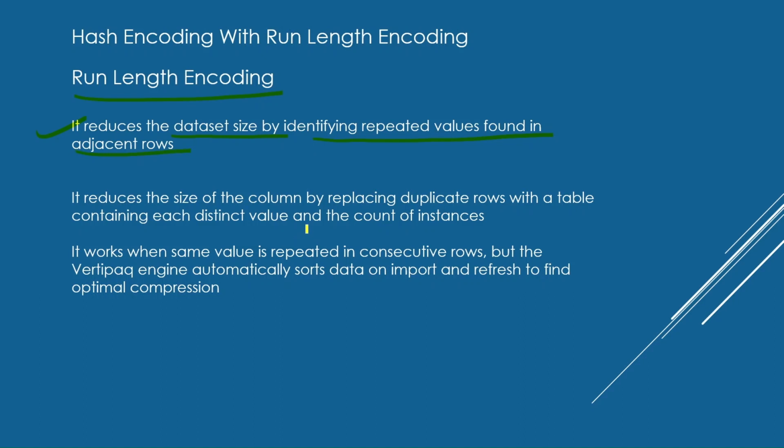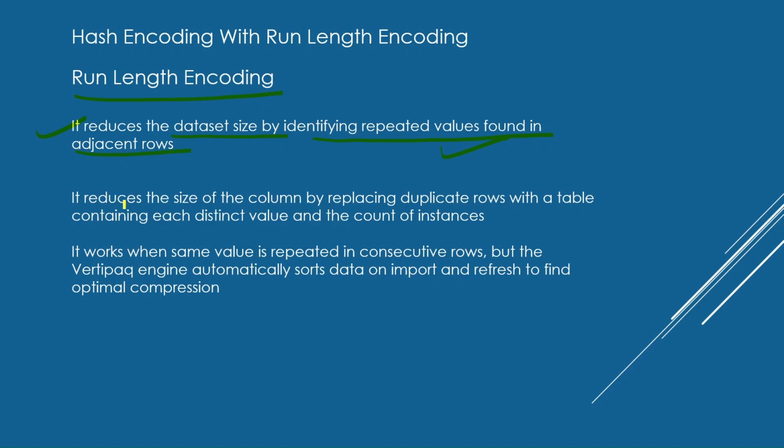One of the key prerequisites for Power BI to apply run length encoding is that the column has repeated values on consecutive rows. I will discuss it in detail in the next slide, but just keep in mind that the duplicate values are present on adjacent rows. They are not scattered throughout the column.